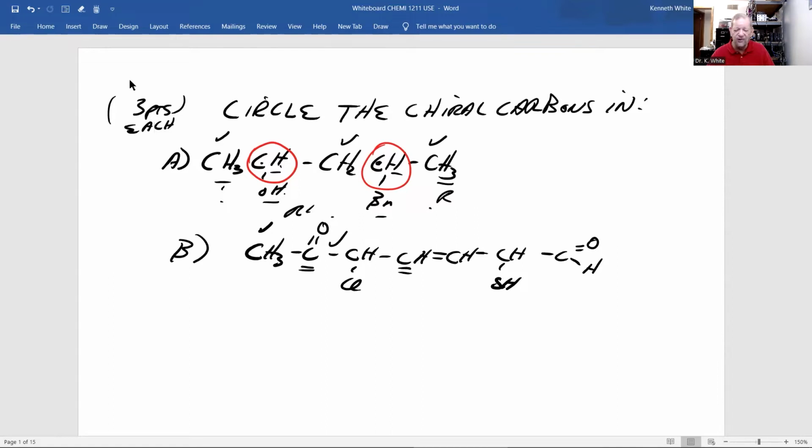These 2 carbons are in a double bond, so they're out. This carbon is double bonded to oxygen, so it can't be chiral. Therefore, the only 2 to think about are this carbon and this carbon, because the rest can't be chiral.